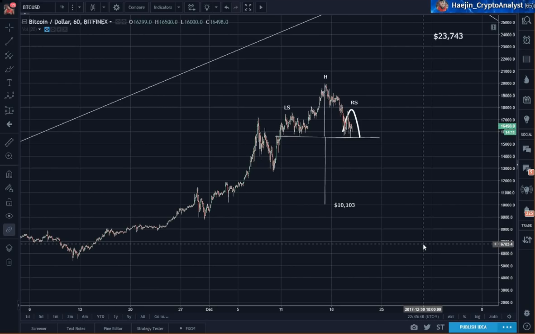That would have bearish implications. So we need to keep a keen eye on it.